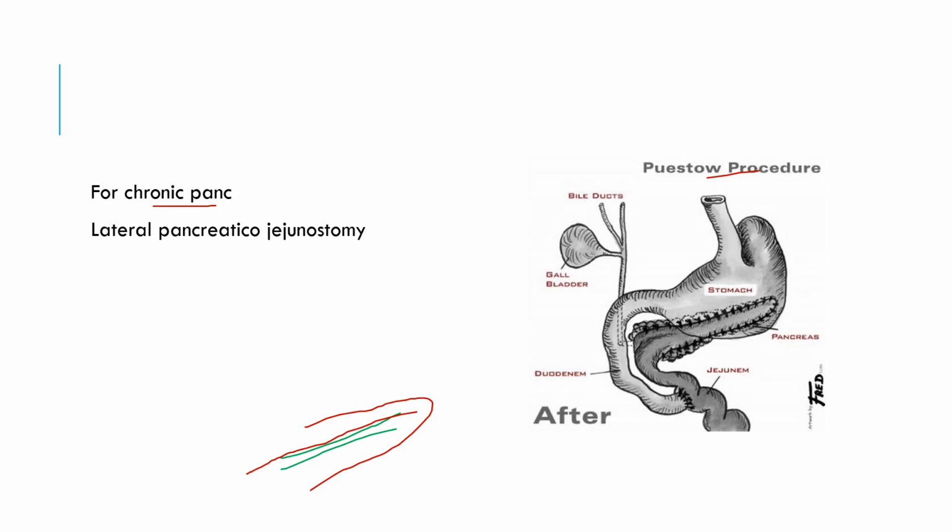You're anastomosing the jejunum with this pancreas. So the pancreas is now directly draining into the jejunum. So it is a lateral pancreatico-jejunostomy. And the duodenal end will be cut and joined to another distal portion of jejunum. So this is the Puestow procedure done for chronic pancreatitis. Just remember the name.